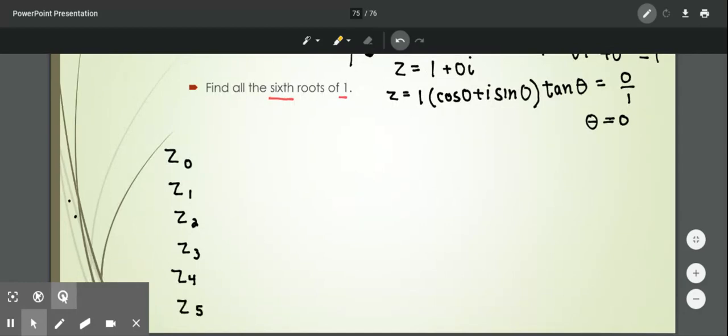All right, so to find your roots, remember your first step is to take the 6th root of r. r is 1, so the 6th root of 1 just equals 1. So all of our answers will have the same r value because that puts them all on that same circle. So they're all going to have an r value of 1.